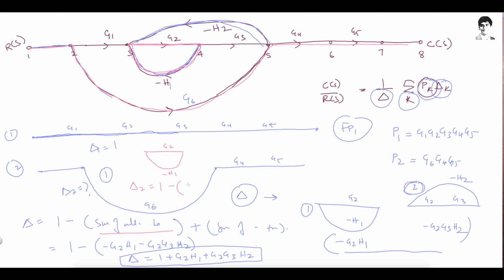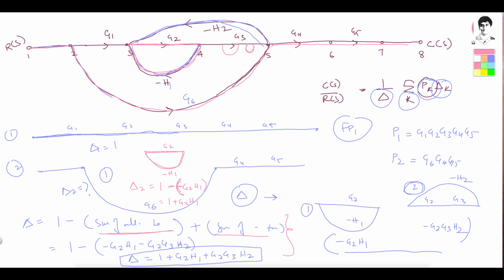So minus G2 H1, plus two non-touching loops. There is not that much of a story running here. If there was one more and one more here, you would have to calculate and so on. But here there is only one loop, and even that is a simple one, and there are no pairs of two non-touching loops. So it's simply 1 minus the sum of all individual loop gains. So our delta 2 is 1 plus G2 H1.